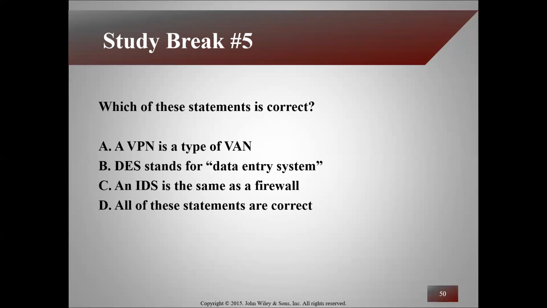Or D, all of these statements are correct. So which is it? A, B, C, or D? And the answer is A. A VPN is a type of VAN.